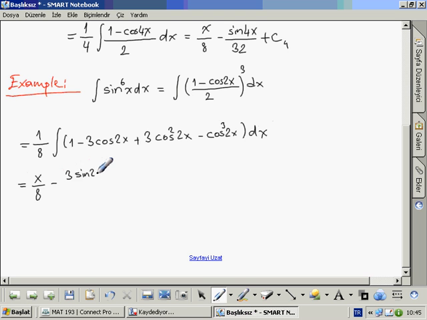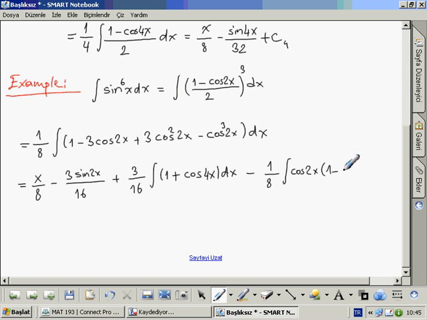And x/8 minus 3 sine 2x over 16, plus 3/16 integral of 1 plus cosine 4x dx, and minus 1/8 integral of cosine 2x times (1 minus sine square 2x) dx.